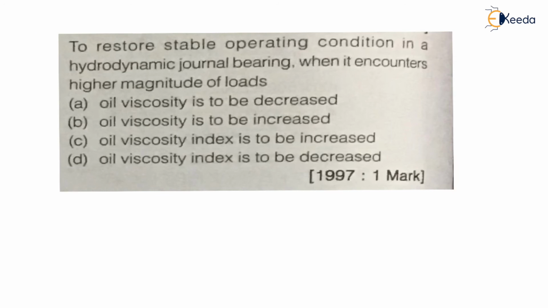The next question on sliding contact bearing was asked in GATE 1997 for 1 mark. The question is, to restore stable operating condition in a hydrodynamic journal bearing when it encounters a higher magnitude of load. Options: oil viscosity is to be decreased, oil viscosity is to be increased, oil viscosity index is to be increased, oil viscosity index is to be decreased. Now my dear students, we know that the stability is directly proportional to mu n divided by p.